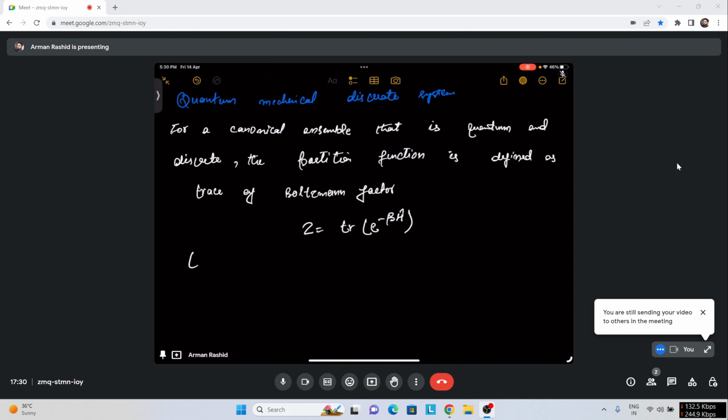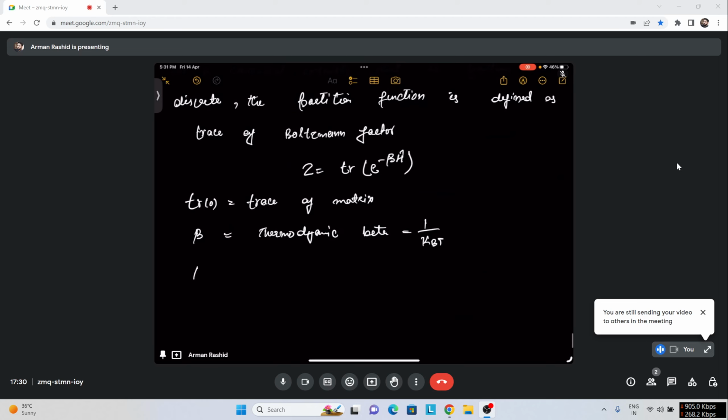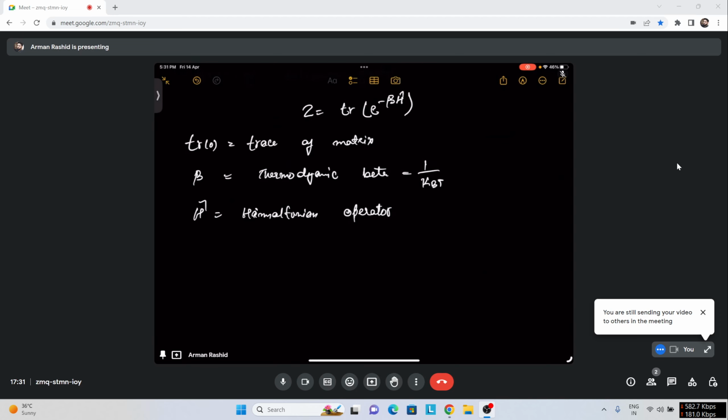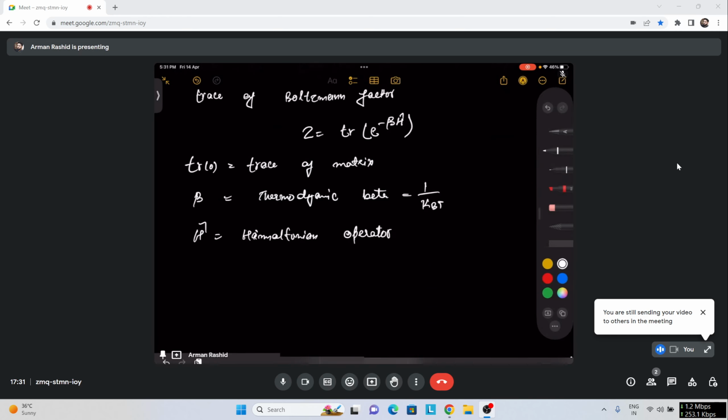Okay, so here Tr is the trace of a matrix, beta is the thermodynamic beta, which is given by 1 by kBT, and H is the Hamiltonian operator. Now this is a quantum mechanical discrete system.